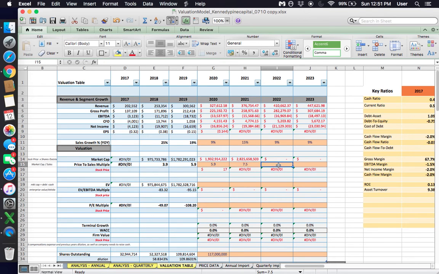And in 2022, we'll go ahead and give them a slight expansion in the multiple, and then another slight expansion in the multiple, right? The reason you do this is because, like I said, 10 times sales is really that sweet spot. No one wants to pay more than 10 times sales for a basic growth company.